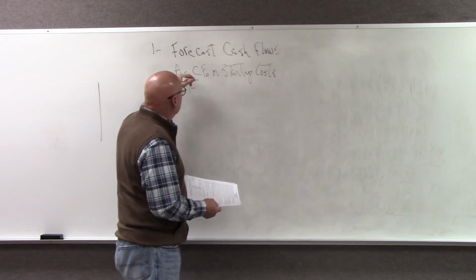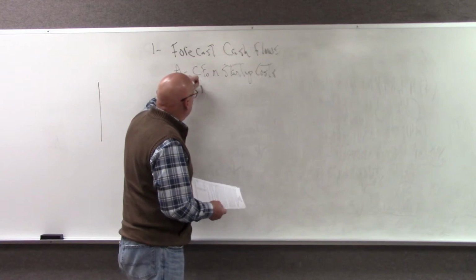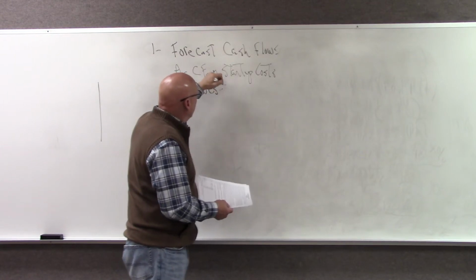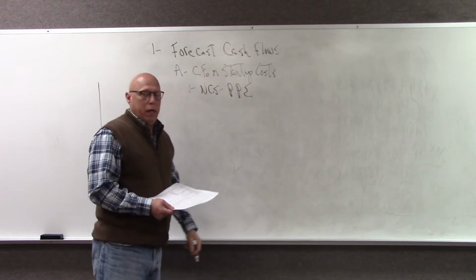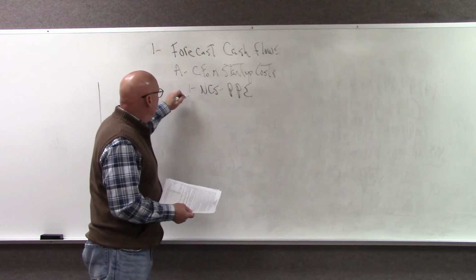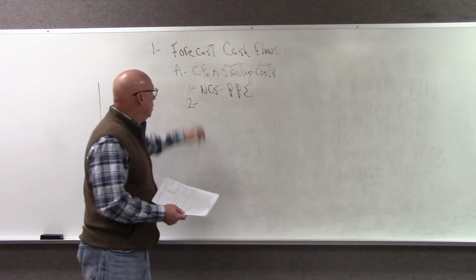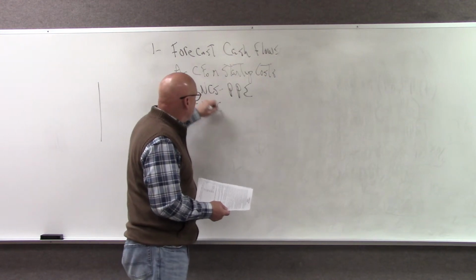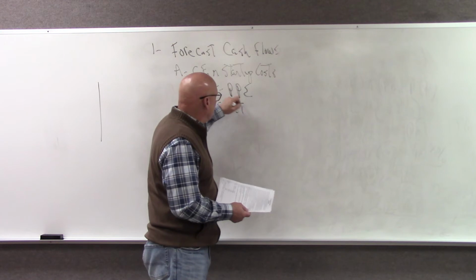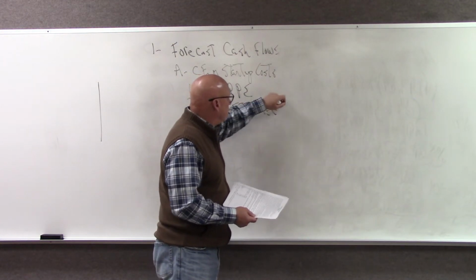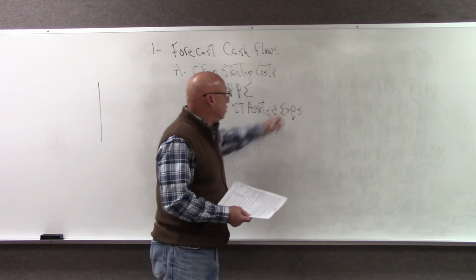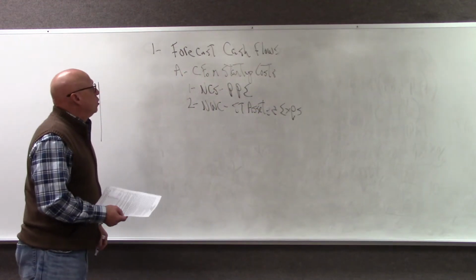One is your net capital spending, which is your property, plant, and equipment. And then your second is your net working capital, which is your short-term assets and expenses, short-term assets and expenses. Okay?